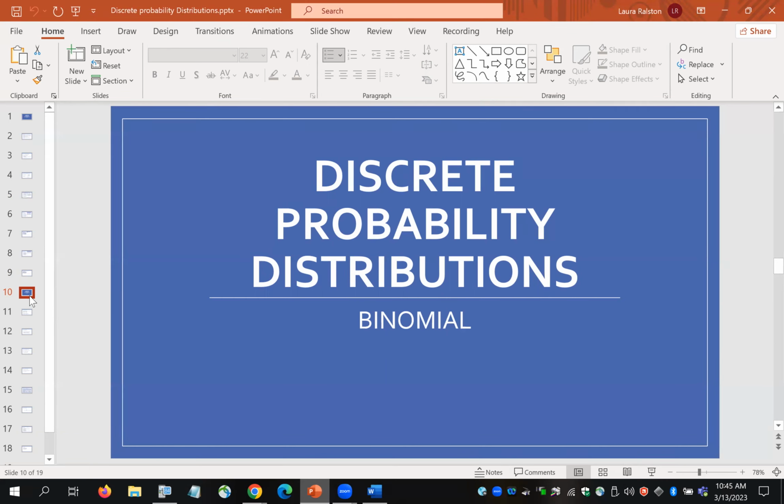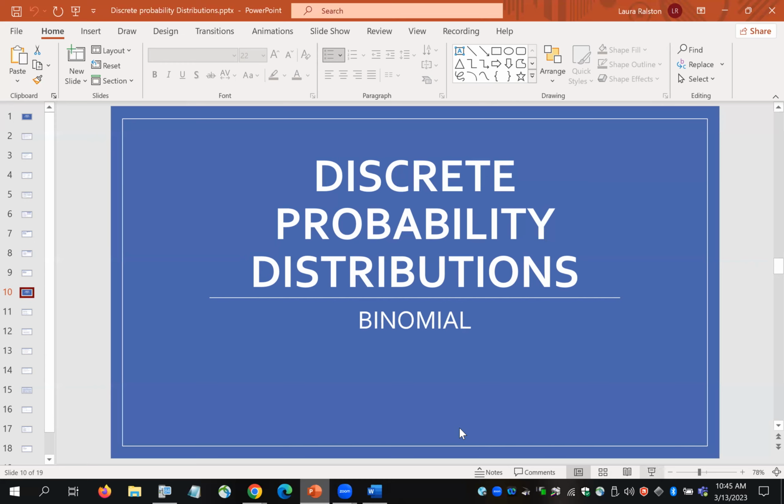It's good to know about the general discrete probability distribution, but probably the one that you're going to encounter more often is going to be the binomial. Of the ones that I mentioned earlier today, the general, the binomial, the Poisson, and the hypergeometric, probably the binomial is the one that you will see used the most often.